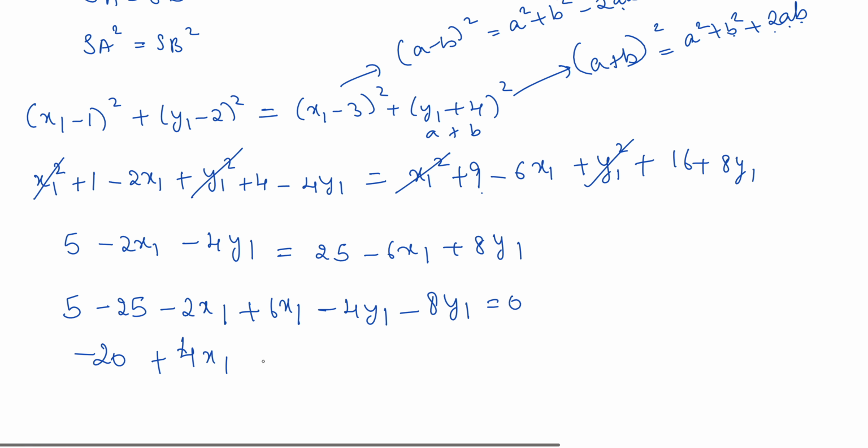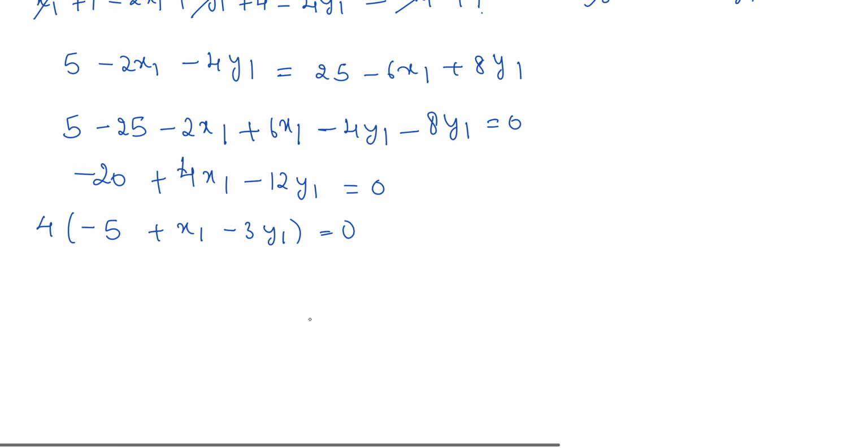Next, minus 4y1 minus 8y1 is minus 12y1, is equal to 0. Now let's take 4 common. We have minus 5 plus x1 minus 3y1 is equal to 0. If this 4 goes that side, 0 divided by 4 is 0, so we can leave it. x1 minus 3y1 minus 5 is equal to 0. This is our first equation.